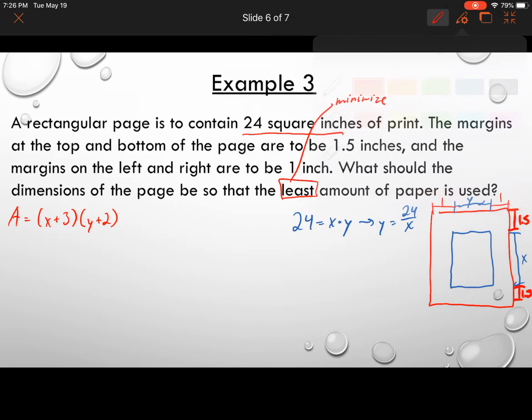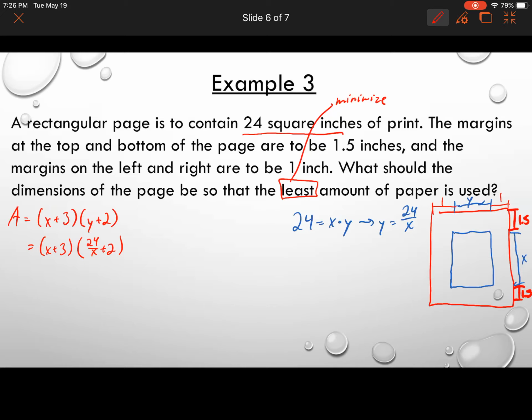So now we have x plus 3 and 24 over x plus 2. So now we have an equation just in terms of x. And remember, this is the equation that we want to find the minimum of, so this is the equation that we're ultimately going to find the derivative of.